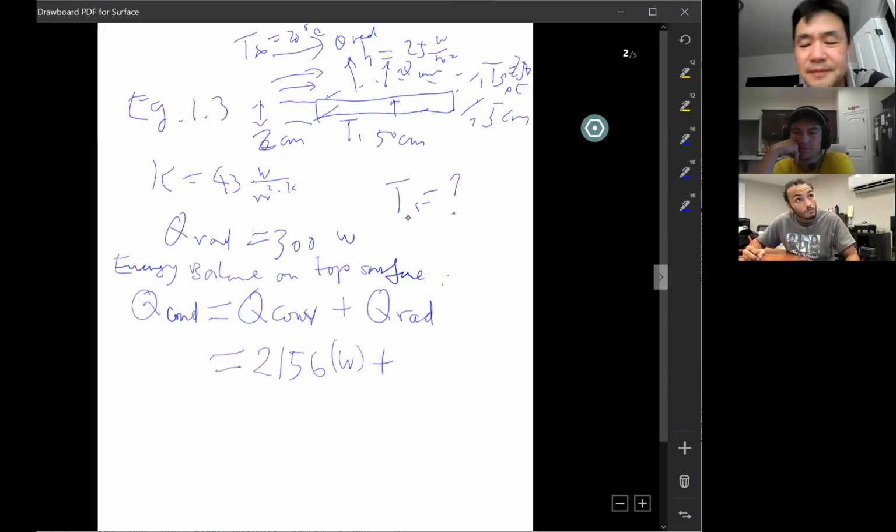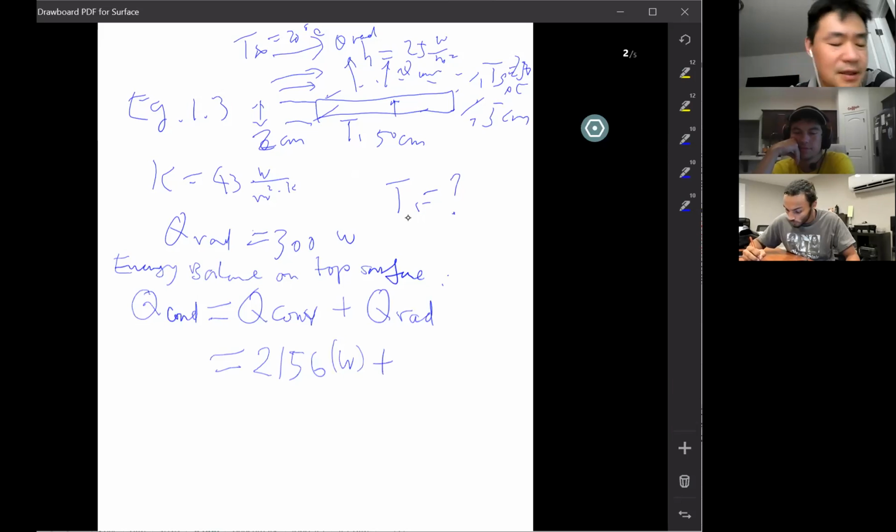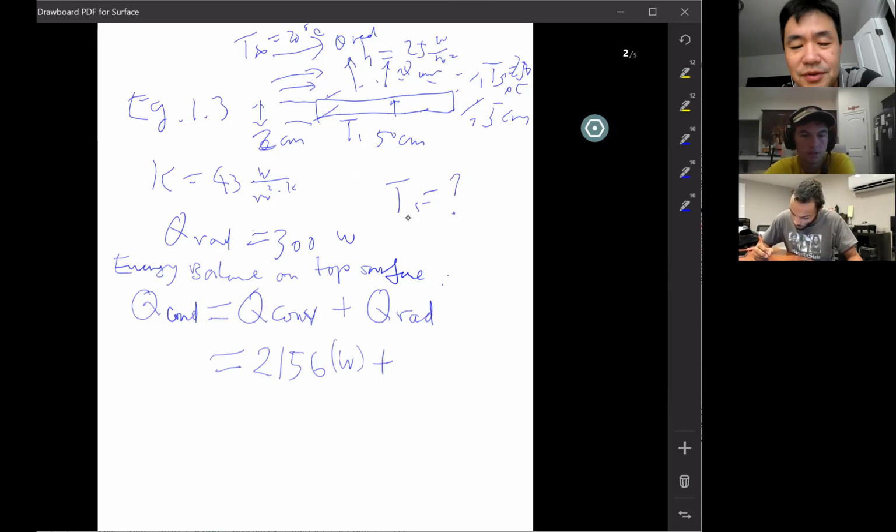What else do we know? The radiation heat transfer rate is given. It doesn't ask you to do the calculation for the radiation part. It just says the rate is 300 watt.